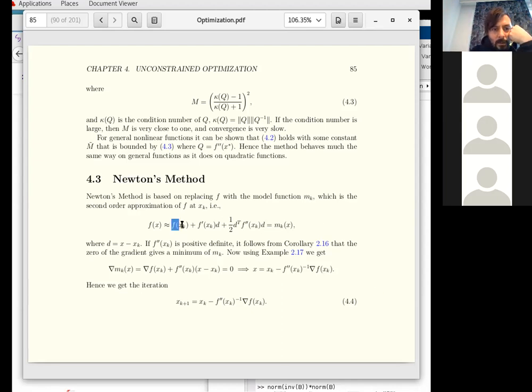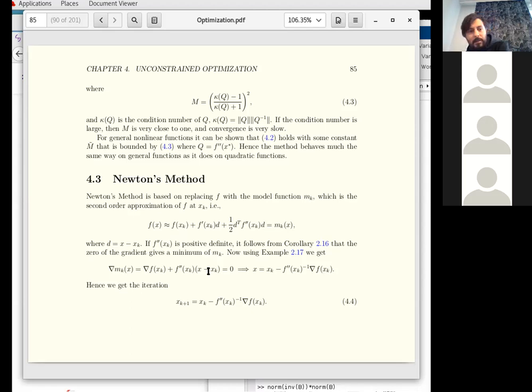So when we take the derivative of this with respect to x, we get the gradient of f at x_k plus the second derivative at x_k operating on x minus x_k. And we set that to 0. So we get that this x is now x_k minus the inverse. We solve this for x.